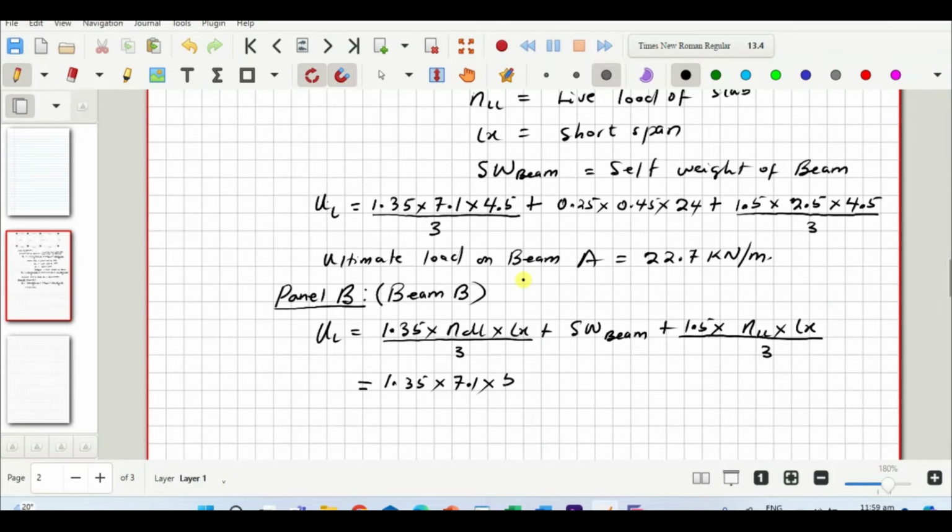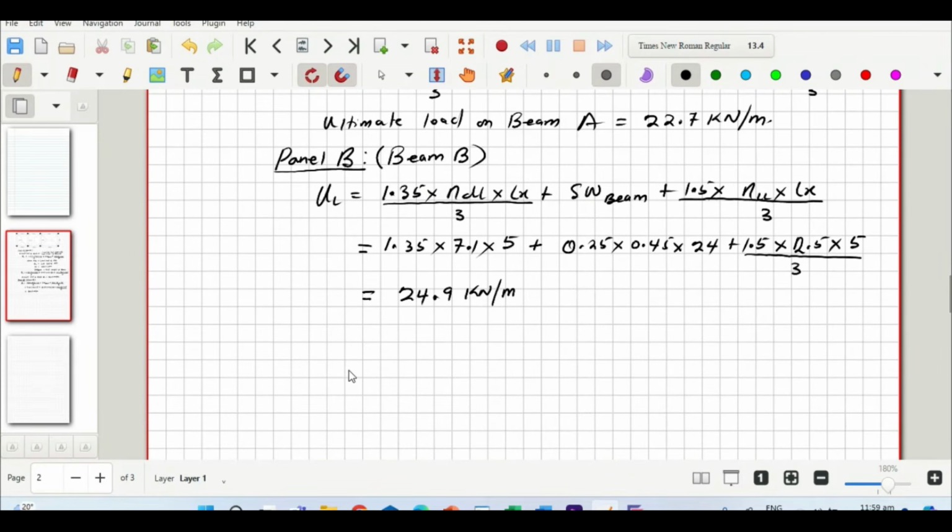So multiply by 5 plus the self-weight of the beam, which is 0.25 multiplied by 0.45 times the density of concrete, 24, plus 1.5 times the life load, which is 2.5, multiplied by the short span, which is 5, all on 3. And that will give us 24.9 kilonewton per meter. So that is the ultimate load acting on beam B.